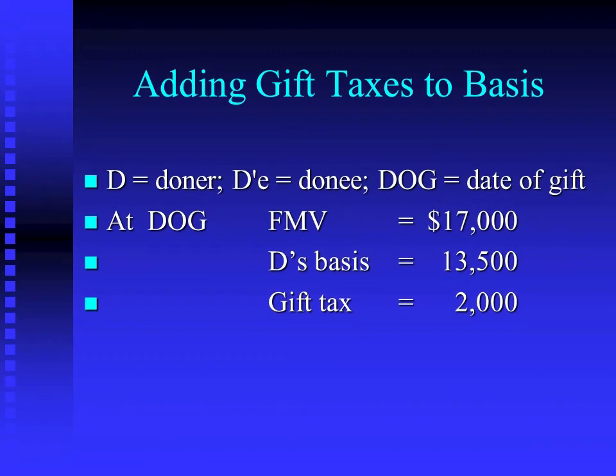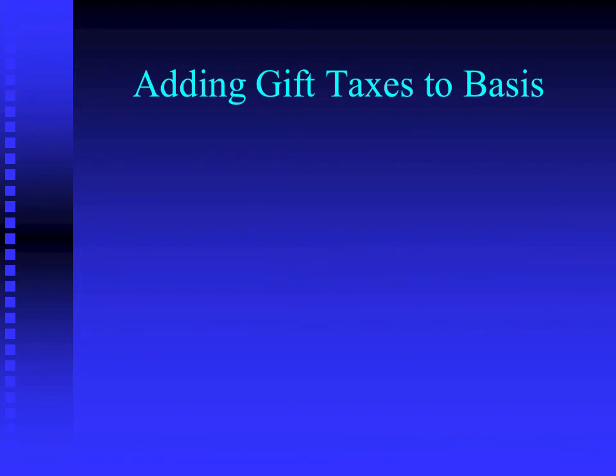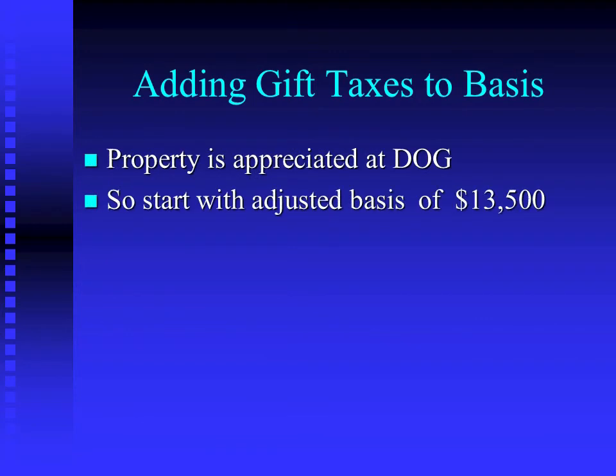So what we're going to do is Junior is going to start with $13,500. We're going to also give him the percentage of the $2,000 of gift taxes that relate to the appreciation. And appreciation is the gain that Grandma would have recognized if she would have sold it. So we're going to start with $13,500.